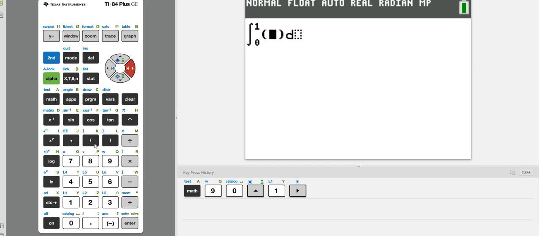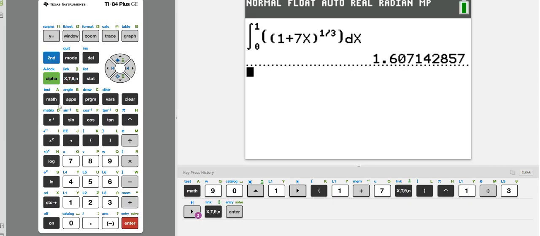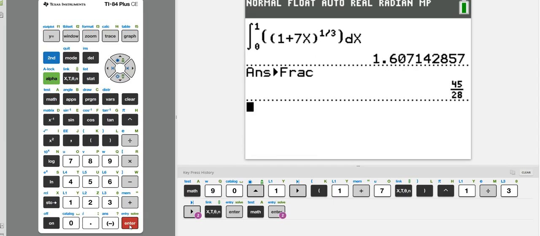I'm just going to type it in as something to the 1/3 power: 1 plus 7x, raised to the 1/3 power, with respect to x. And let's hit the math key. 45/28. So looking pretty good. All right, comments or questions on this one?